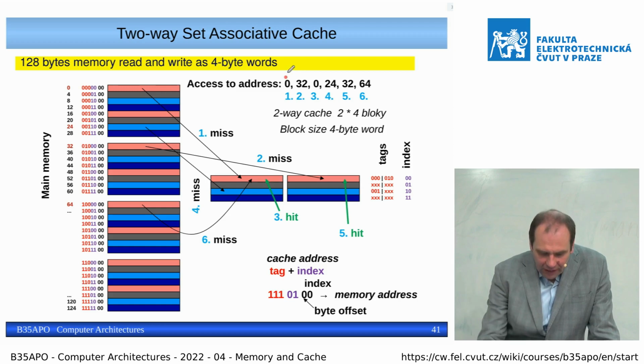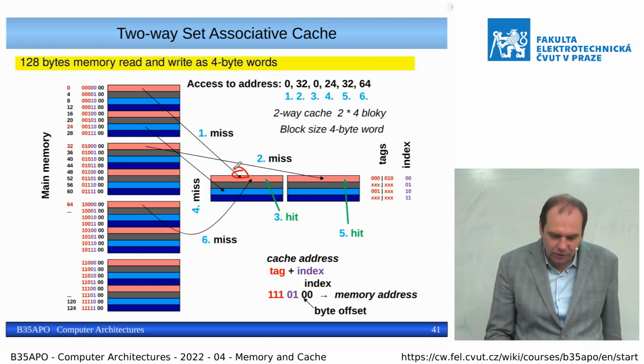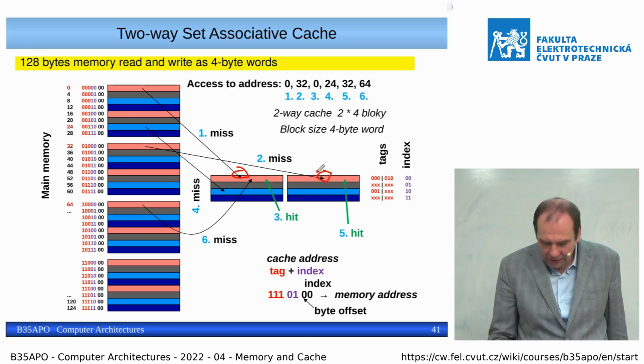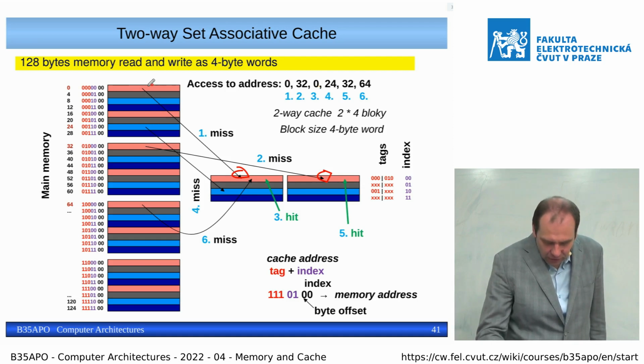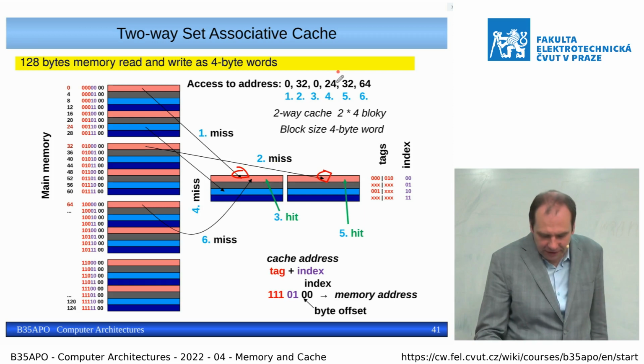So basically there is some access pattern. If we access the address 0, then there is a miss. We try to access the address 32, but we have found that this way has been used in the previous access, so we do not kick out that data, but we put data in the other way. And then if we access 0 again, we have a hit, because the data are still present in the cache.